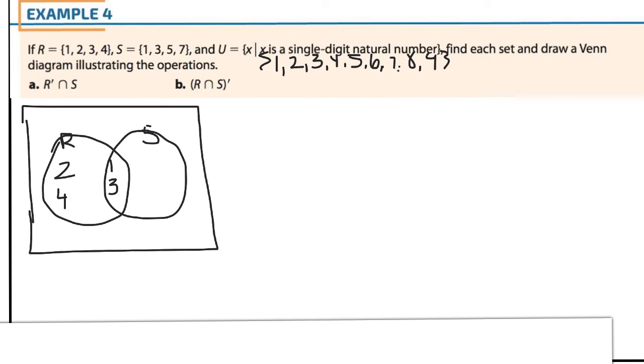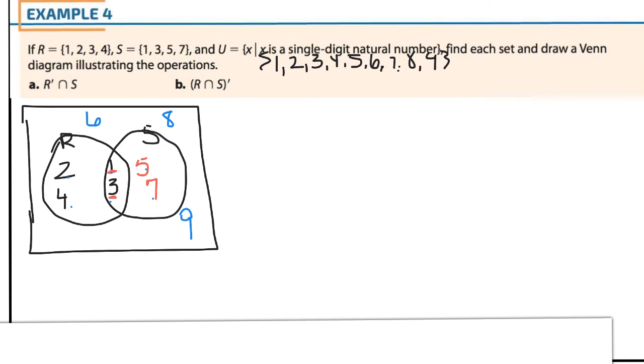Now if I look over to my S, S contains 1, 3, 5, and 7. Now remember, within the universal set, I've got 1, 2, 3, 4, 5, 6. 6 is not in here anywhere, so it's kind of floating around out here. 7, 8 still floating around out here, and 9 is still floating around out here.